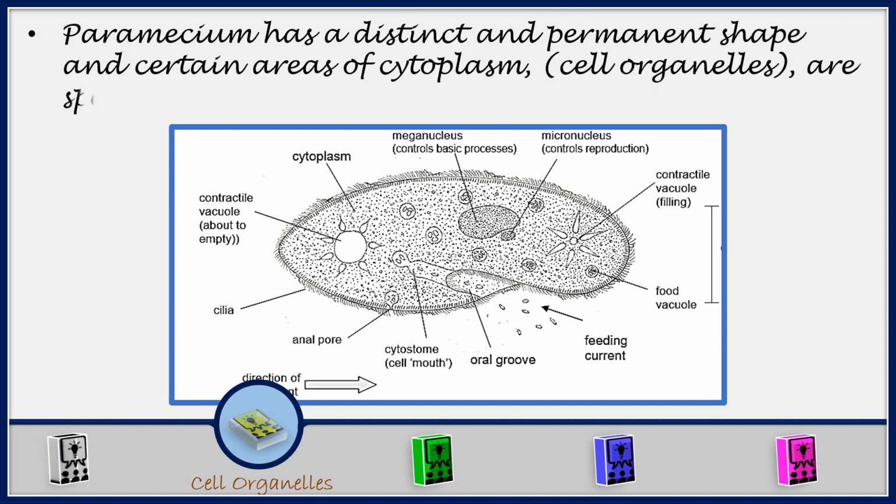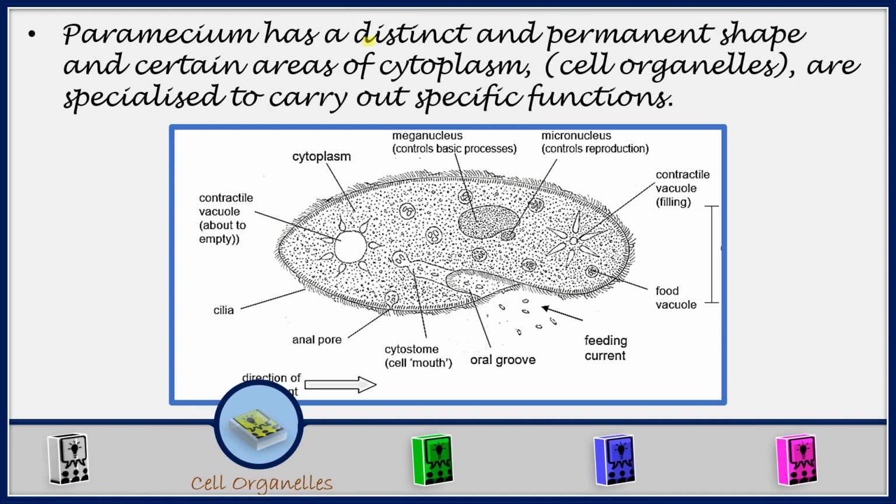The paramecium has a distinct and permanent shape, and certain areas of cytoplasm, those are cell organelles, are specialized to carry out specific functions. So for the paramecium, it has a distinct and a permanent shape.